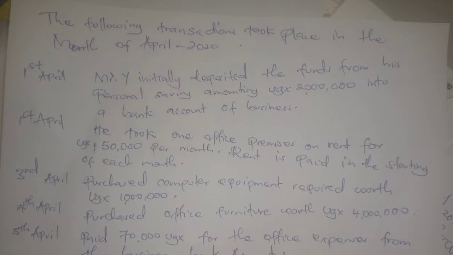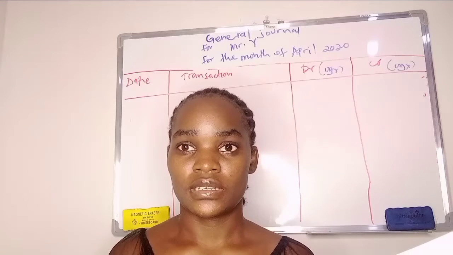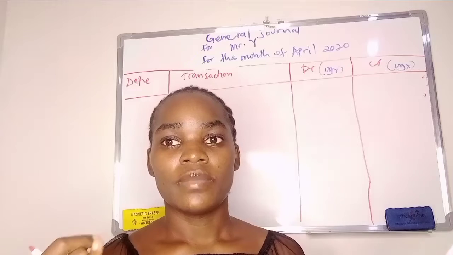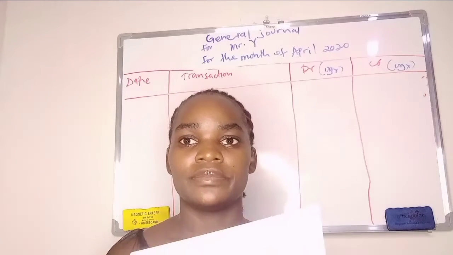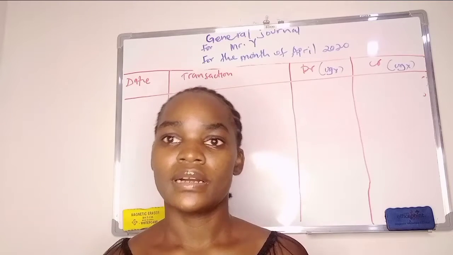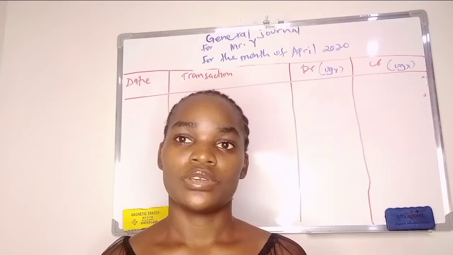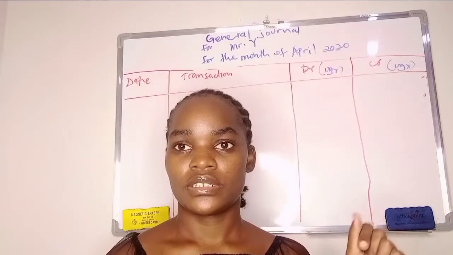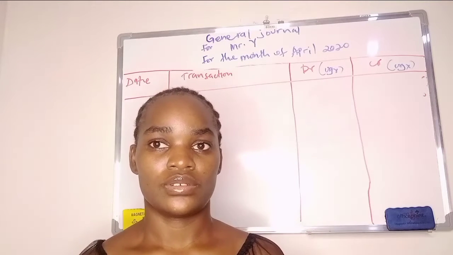So the money in the bank is increasing, and this is capital to the business. He's adding more capital to the business. So bank is increasing and capital is also increasing. Bank is an asset, it increases by debiting, and capital increases by crediting. When you're recording transactions, you first record the debit entry, then you record the credit entry.